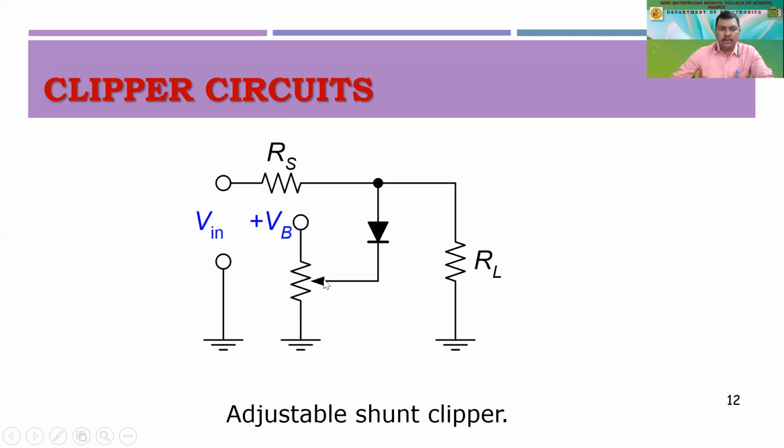So the pot is introduced to vary the voltage. According to the requirement of the voltage, we can change the output across the load resistance, and that is why it is called adjustable, meaning we can adjust it according to our requirement. So this was the adjustable clipper.